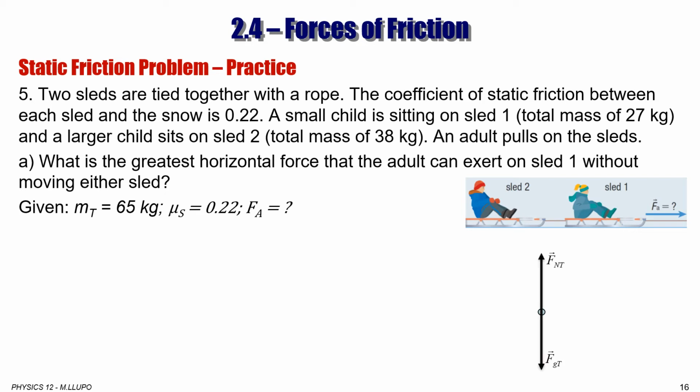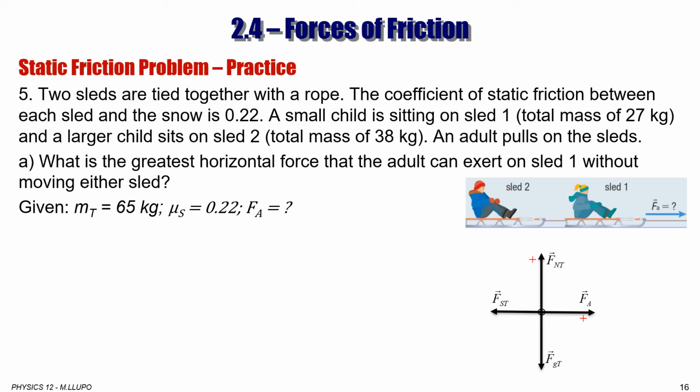So what we need to do is draw a free body diagram of the total mass. So two sleds with two children together, represented by that dot. Total force of gravity and normal force are acting on that sled, and applied force and force of friction as well.